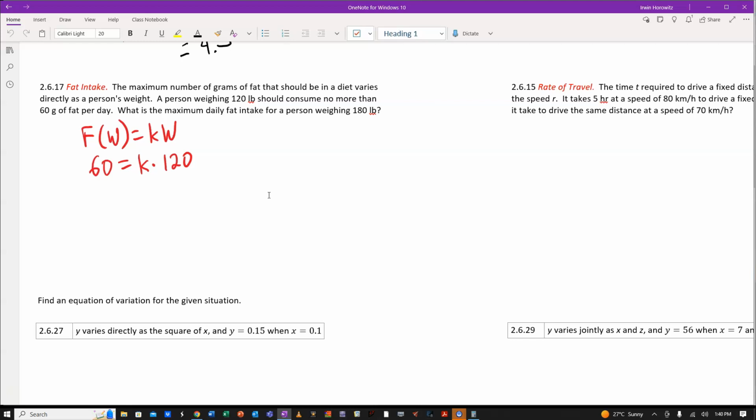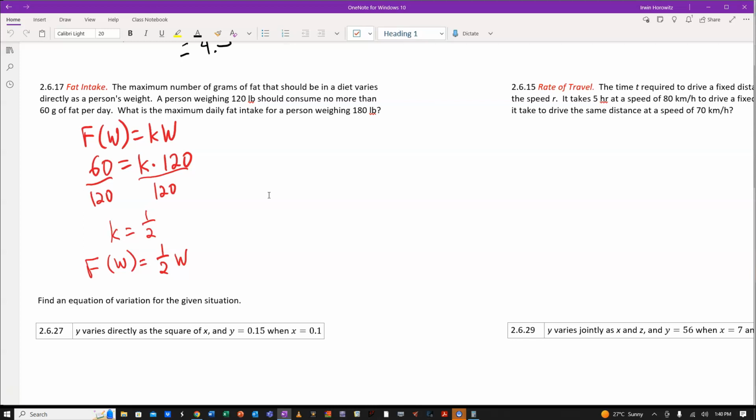Divide both sides by 120, and we get that the constant 60 over 120 is 1/2. So now, once we know the constant, we can now define the function f of w equals 1/2 w. We understand that the value for f represents grams of fat, and the value for w represents pounds of weight. We were asked what is the maximum daily fat intake for a person that weighs 180 pounds.